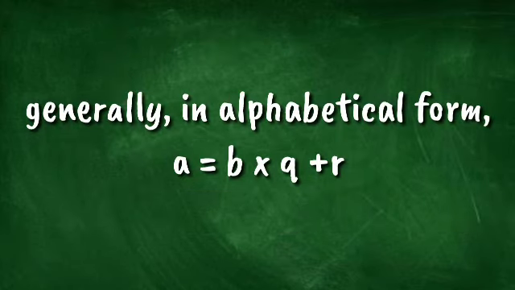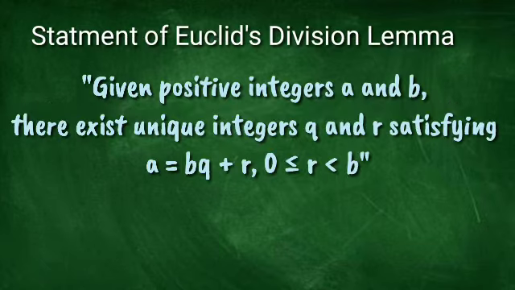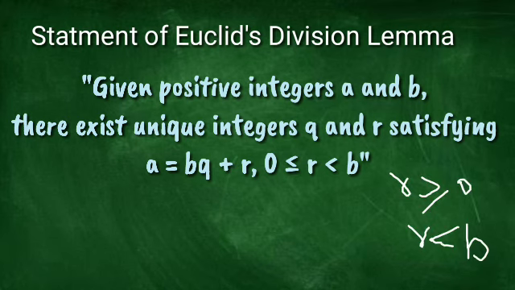Alphabetically it can be written as A is equal to B into Q plus R. Now let us see what Euclid's division lemma says. Given positive integers A and B, there exist unique integers Q and R satisfying A is equal to BQ plus R, where R is greater than or equal to 0 and R is less than B.